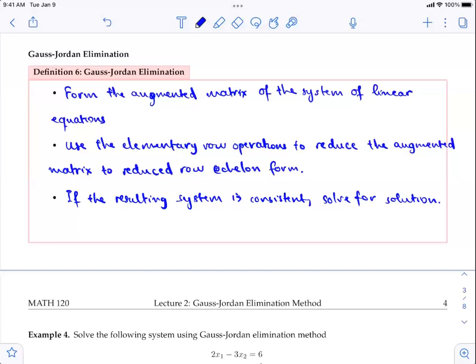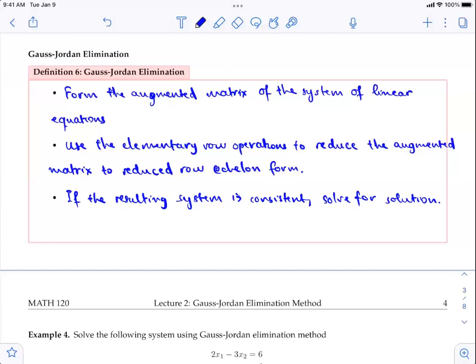So there are three elementary row operations. The first one is to interchange two rows. The second one is to multiply one row by a non-zero constant. And the third one is to add a constant multiple of one row to another row. Now you obtain an equivalent system, or the resulting system.